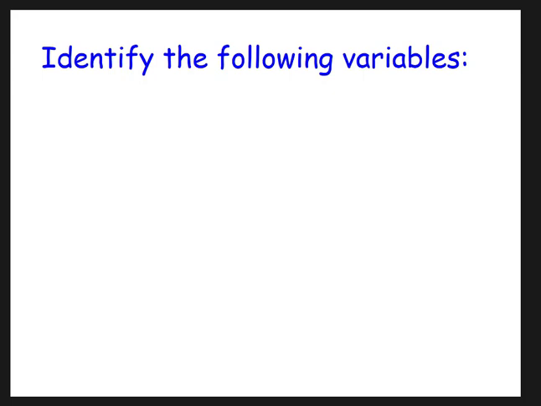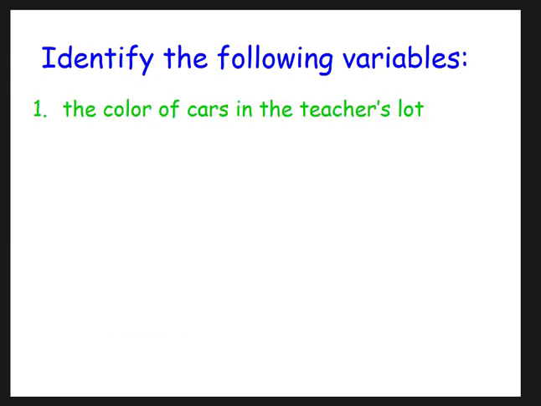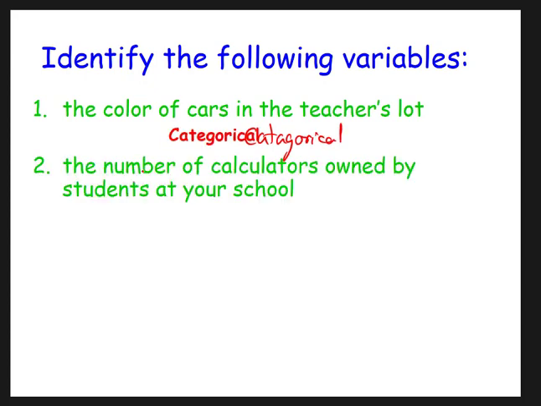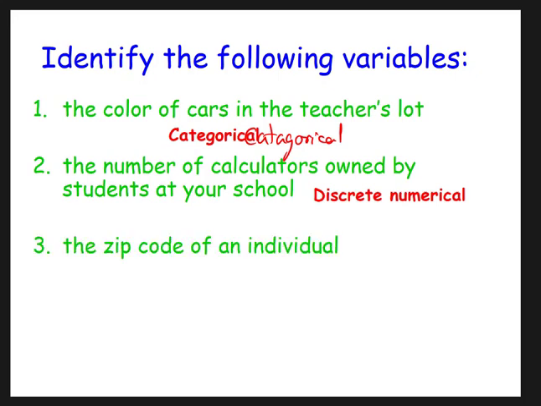So let's identify some variables here. The color of cars in the teacher's parking lot. That would be categorical. Number of calculators owned by students at your school. Well, that is numerical because it's a number and it is discrete. The zip code of an individual.